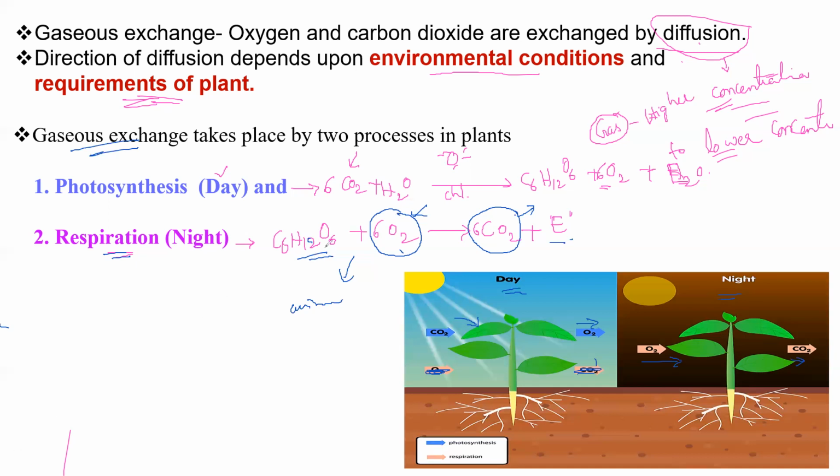By the continuous exchange taking place in plants, differently in presence of sunlight and in absence of sunlight, the gases in the atmosphere, carbon dioxide and oxygen, are balanced. The percentage of gases is balanced by these two processes. So the percentage of gases is constant in the atmosphere. This is one of the major reasons.